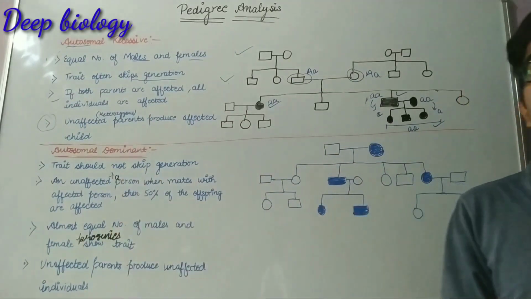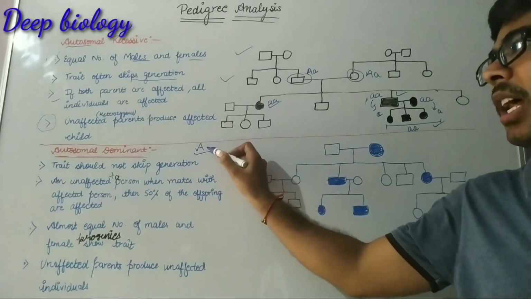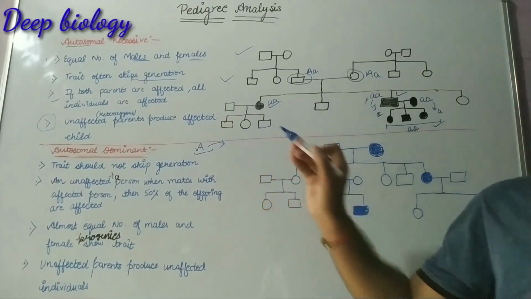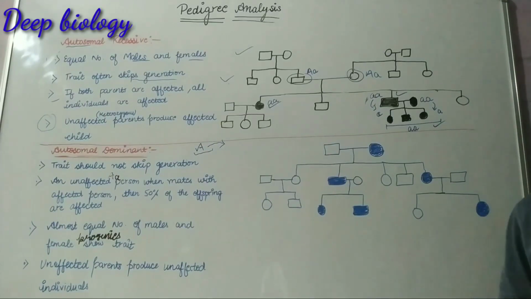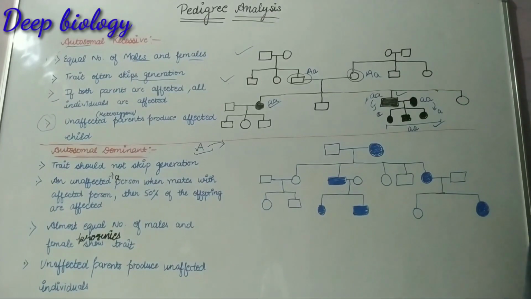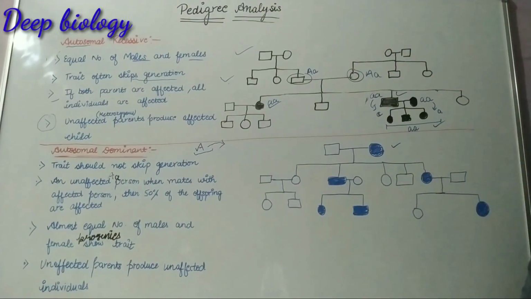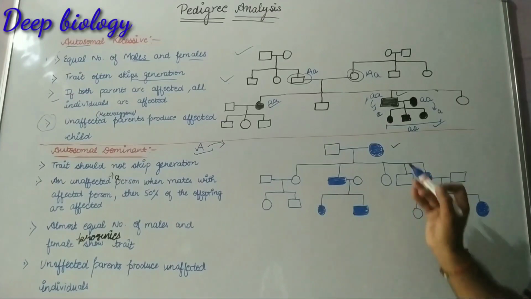Now autosomal dominant. In case of autosomal dominant, a capital allele will produce the trait. In this case, the trait should not skip generations. It means when either one of the parents has the disease or trait, then it will pass the trait to some of the individuals.